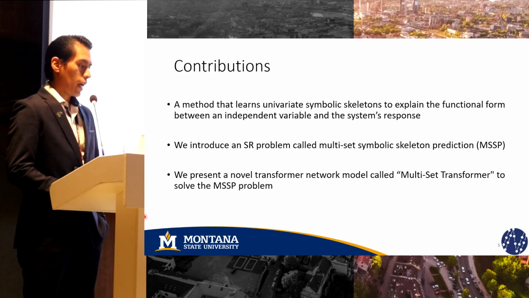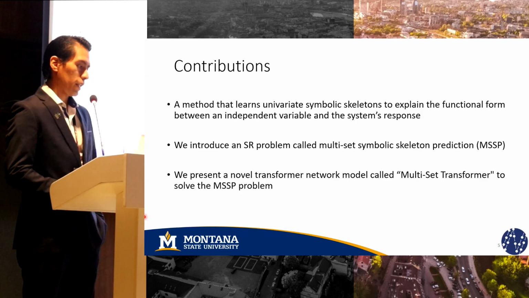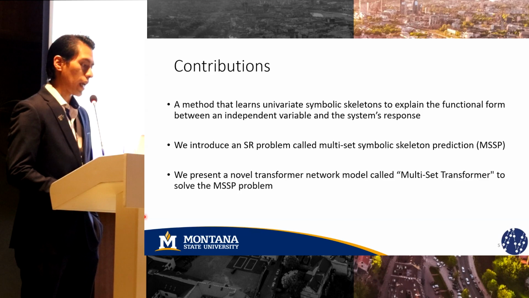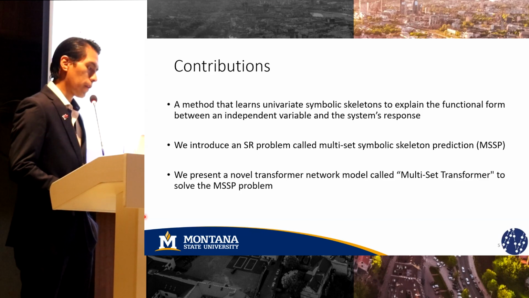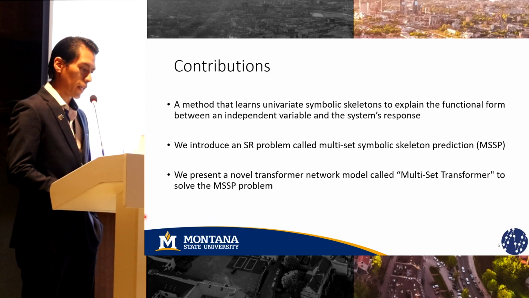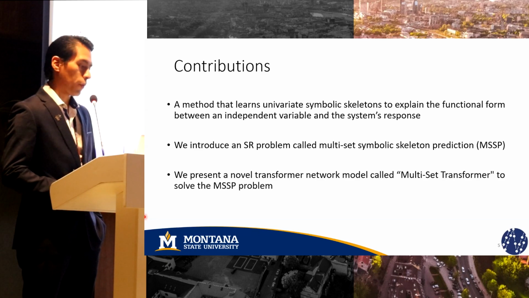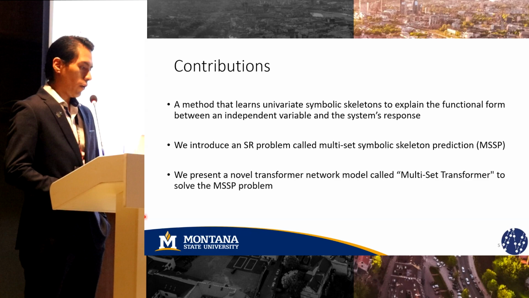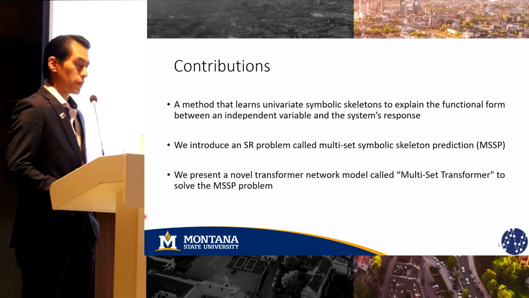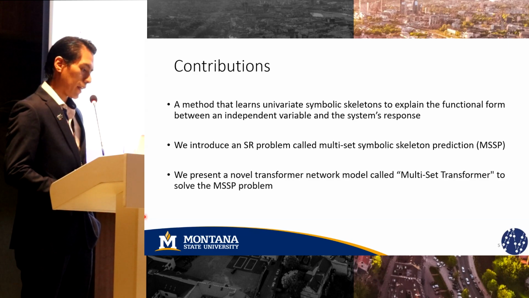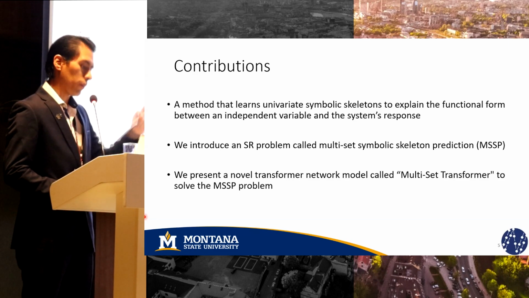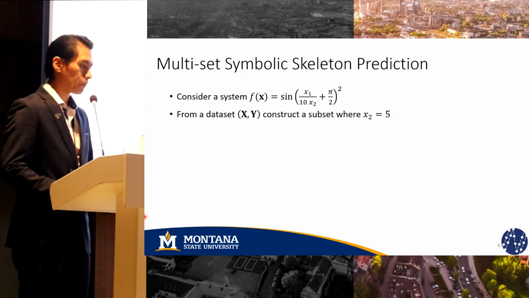And we're going to tackle the problem of multivariate symbolic regression as a sequence of a new type of problem that we're calling multi-set symbolic skeleton prediction, MSSP. And to solve this problem, we are presenting a novel transformer network called multi-set transformer, whose objective is to generate univariate skeletons that explain the functional relationships between individual inputs and the system's output.